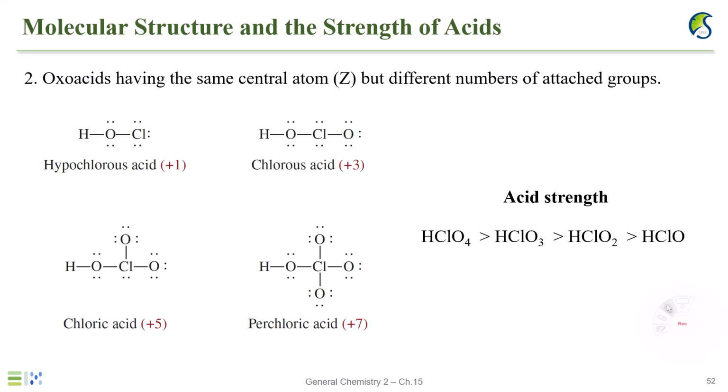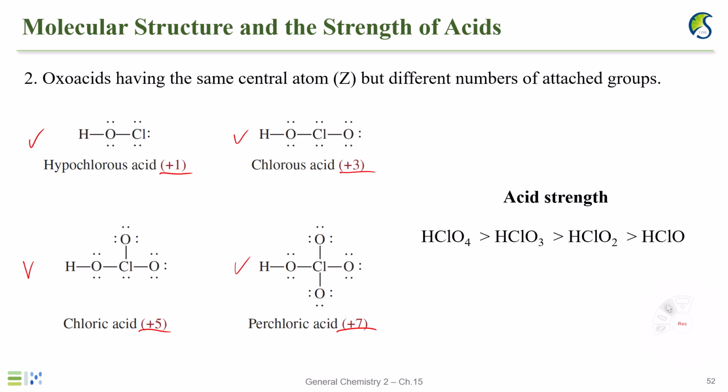Another qualitative comparison that you can do between oxo acids is based on the relative oxidation state. For example, let's say that you have these four different oxo acids where Cl has a different number of surrounding attached groups. The oxidation number for Cl is +1, +3, +5, and +7 in these cases.